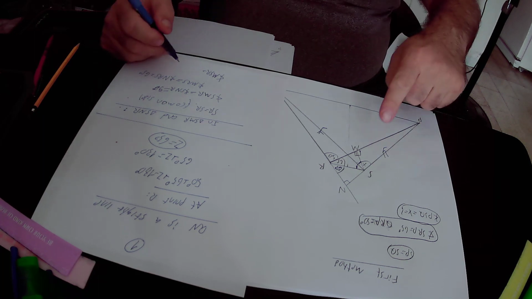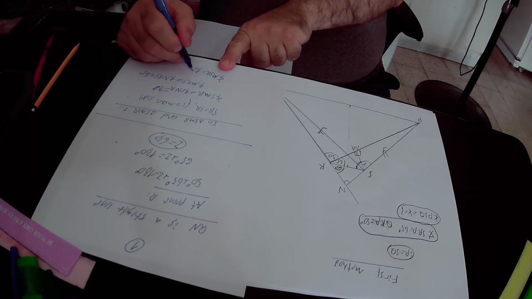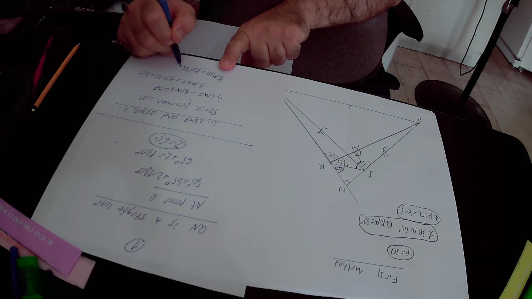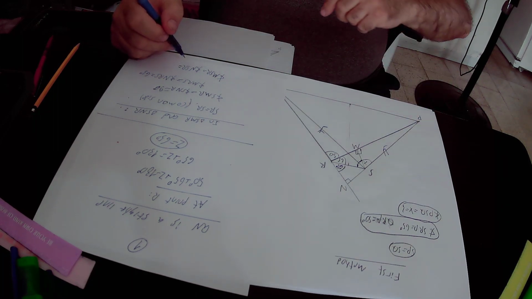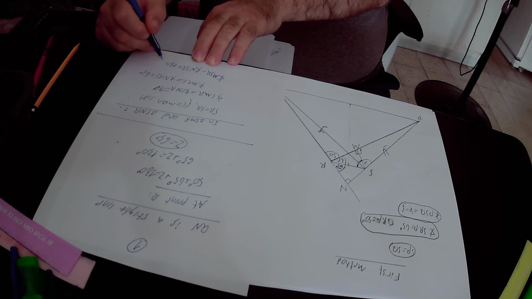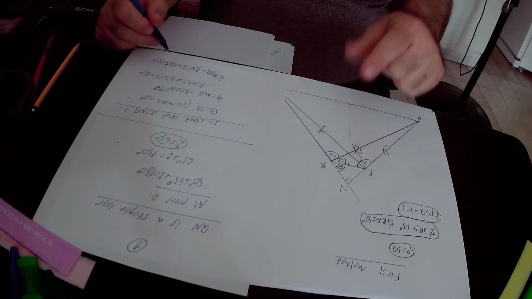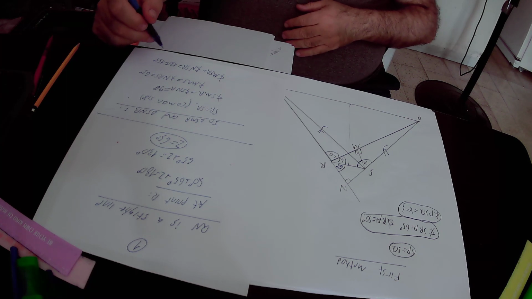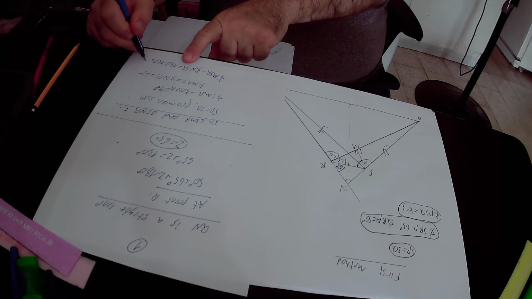So the size of angle MSR equals the size of angle NSR, and the size of this angle equals 180 degrees minus 155 degrees. 155 degrees is the sum of the two other angles, and 180 degrees minus 155 degrees equals 25 degrees.